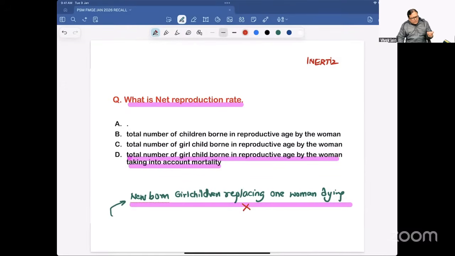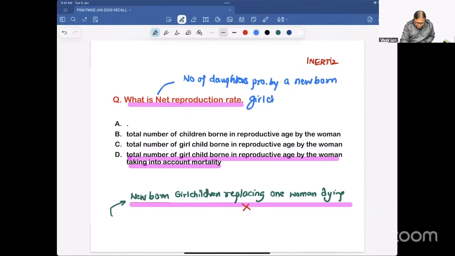Okay, number of daughters an infant baby produces in future. So the number of daughters that a girl is going to produce in her future reproductive lifespan, and out of them how many remain alive, that is also net reproduction rate. The same thing is said in different language. Number of daughters produced by a newborn girl child in future reproductive lifespan.